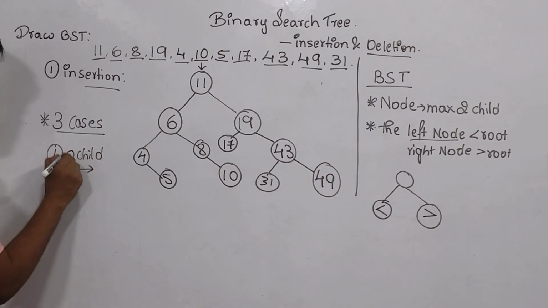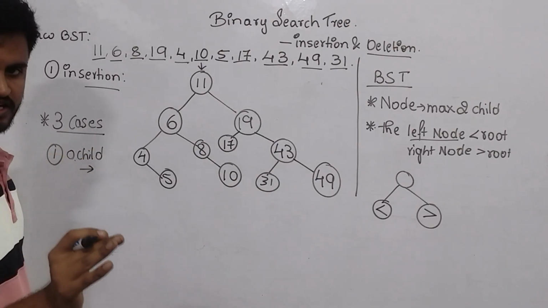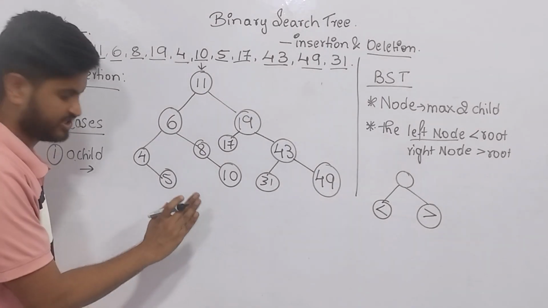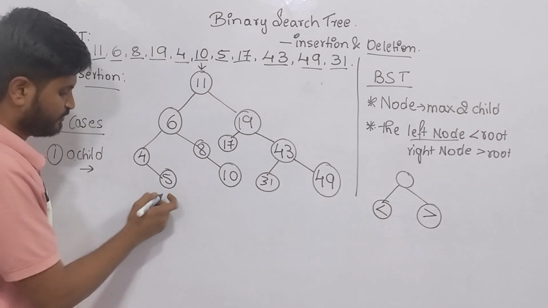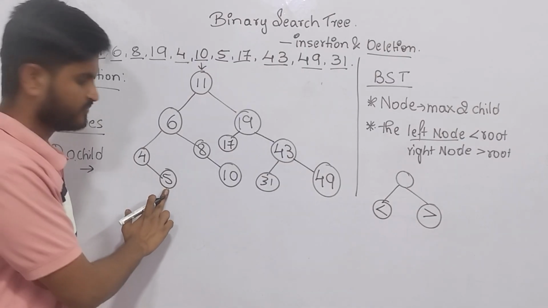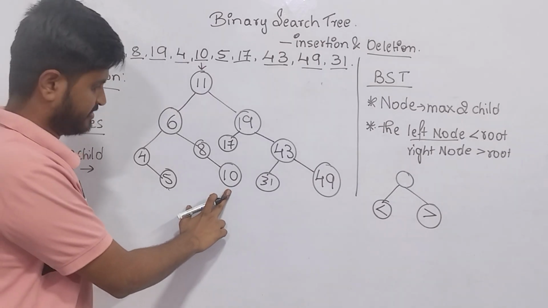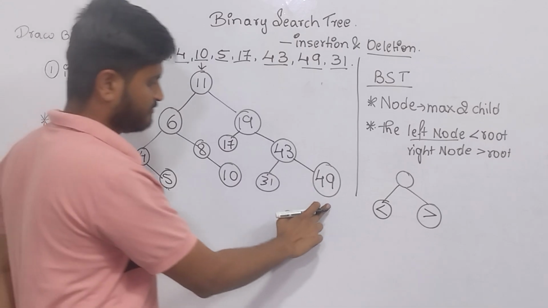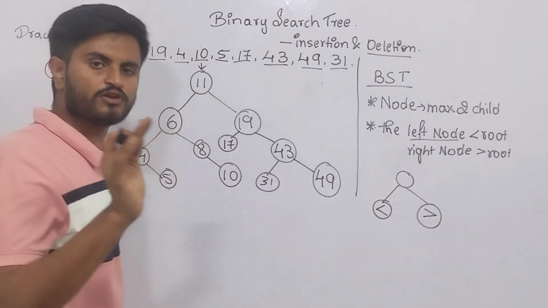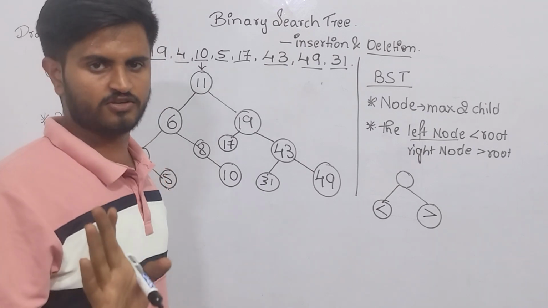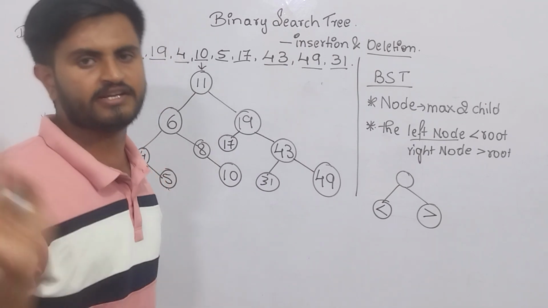If you look at the tree, 5 has 0 children, while 4 has 1 child. 5 does not have any child, so it is considered as having 0 children. 10, 31, 17 and 49 also have 0 children. Therefore, you can conclude that leaf nodes have 0 children, so you can directly delete them.